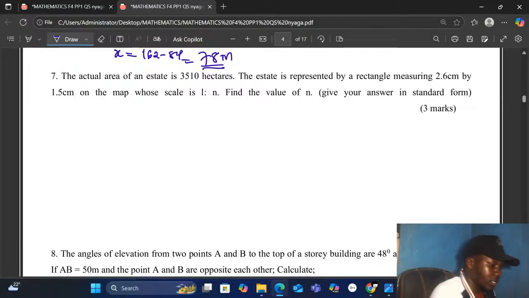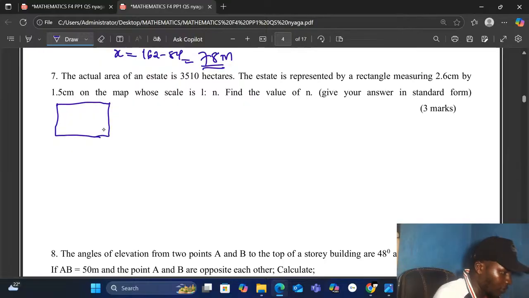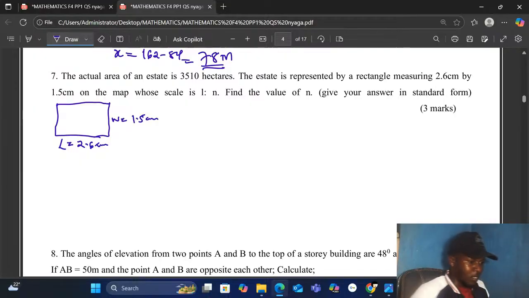So they're saying that the actual area of an estate, so the estate, they are saying it is in a shape of a rectangle. So we sketch a rectangle so that the length is equal to 2.6 centimeters, and the width is equal to 1.5 centimeters.